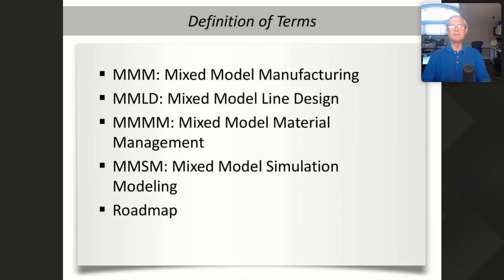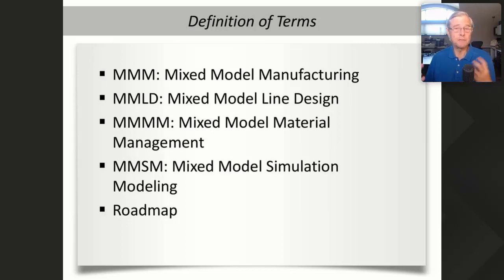Super. All right, so let's define some terms so we're all on the same page. So mixed model manufacturing is the global term that we're using to refer to a lean industrial engineering approach to process improvement that's relying on data and a step-by-step methodology that you can apply. So mixed model manufacturing is basically what Toyota does.